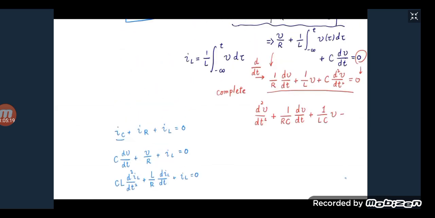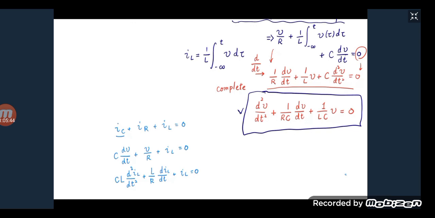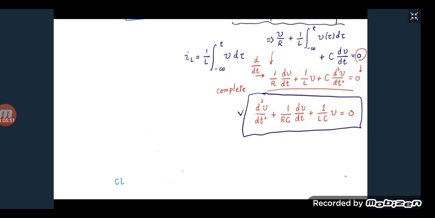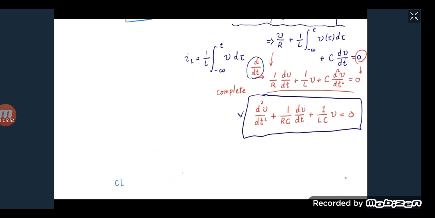So we create the homogeneous equation for V. But I would like to say that if we take it more seriously, the step is not very complete, because we might cancel some possible solution.